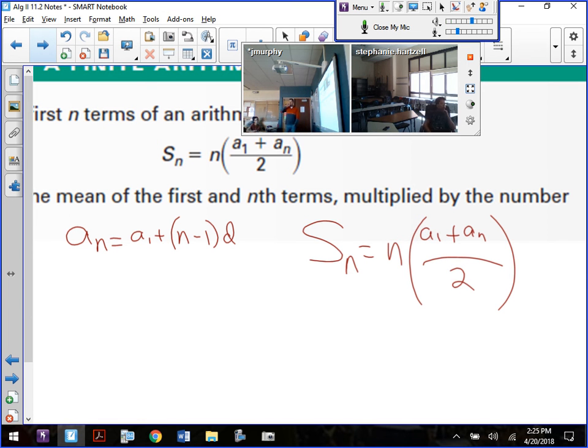I'm not going to tell you which formula is which when we do an assessment on this stuff, but I'm always going to give you the formulas. A really easy way to distinguish arithmetic sequence from arithmetic series is that the series formula has an S in it, for sum of so many of them.